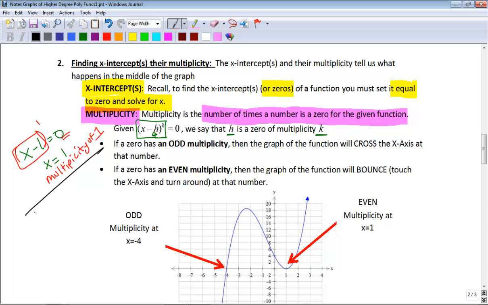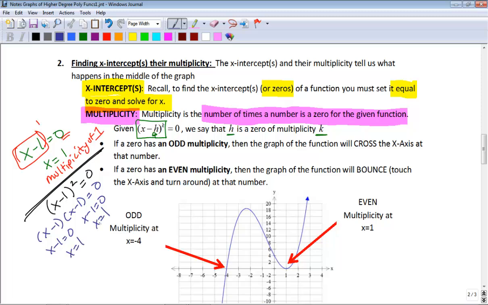Well, let's change it up again. What if I had x minus 1 squared is equal to 0. Well, if I solve this, I'm going to solve it maybe a little differently. Typically, I would probably take the square root of both sides to solve this, but let's say I don't do that. If I were to set each factor equal to 0, remember x minus 1 squared is the same as x minus 1 times x minus 1, so then you're setting both of these equal to 0, you're solving both of them, and for both of them, you get x equals 1.